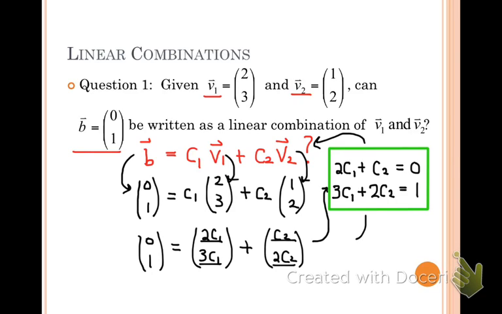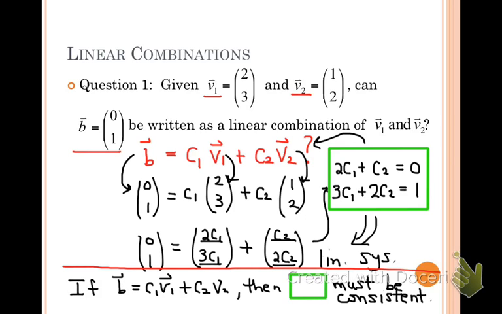But now we have a linear system, and what we want to know is, does the linear system have a solution? If b can be written as a linear combination of v1 and v2, then this linear system must be consistent, or must have a solution.